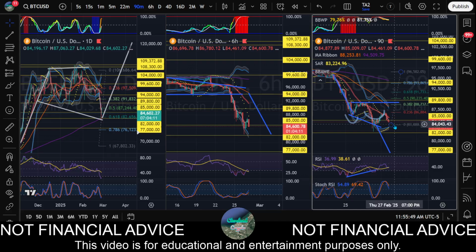I've been taking some heavy profits off of my alts. And at this point, it's not even heavy profits because some of them are basically back to the levels where I was buying them. So I just really took money off the table just in case we're going lower. If we go higher, I left some on the table.